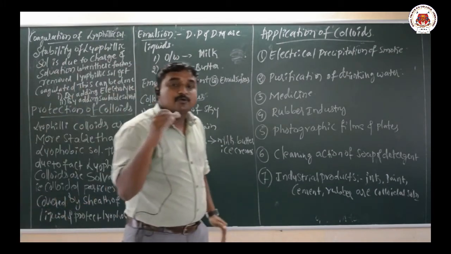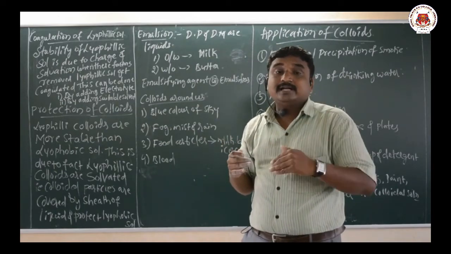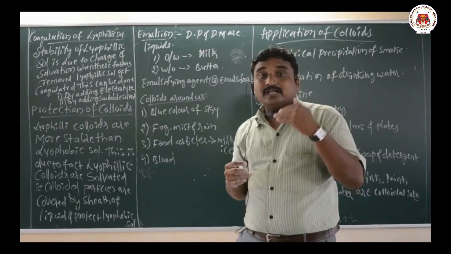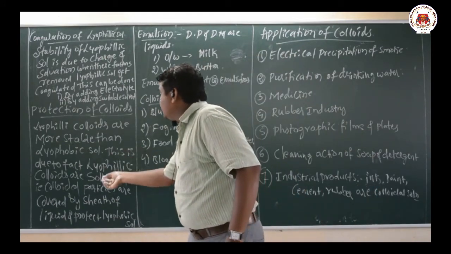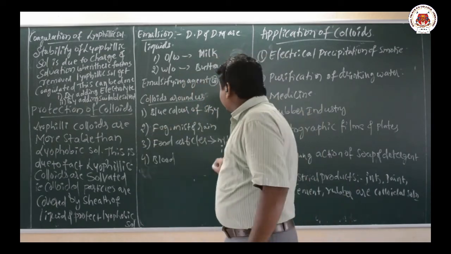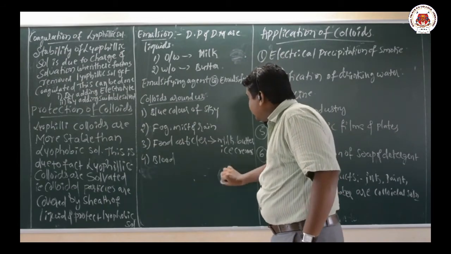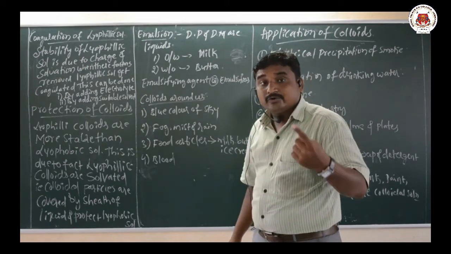The next one, protection of colloids. Lyophilic colloids are more stable than lyophobic colloids, because already we have discussed that lyophilic colloids are covered by a sheath of the liquid. I have shown here the lyophilic colloids covered by the sheath of the liquid, hence they are more stable than lyophobic sol.